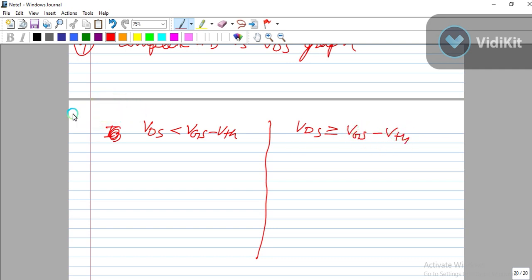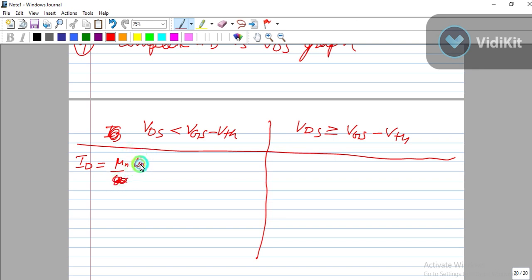We did all the derivations. For this case, the ID equation was Mu n Cox W by L, (VGS minus VTH) VDS minus VDS square by 2.